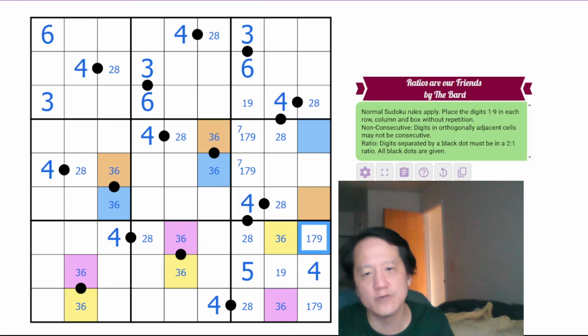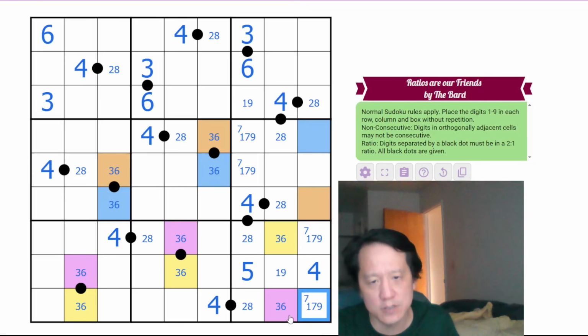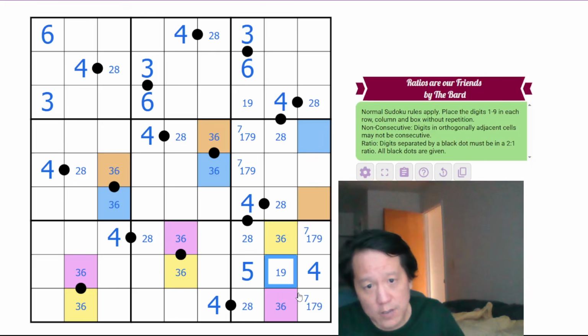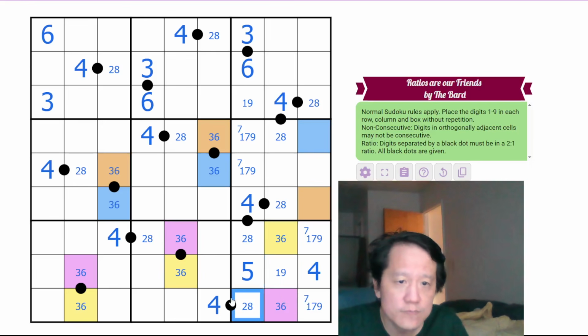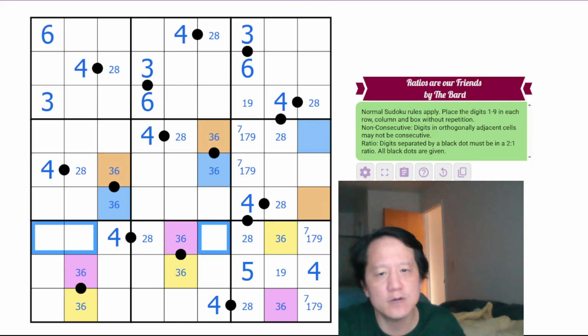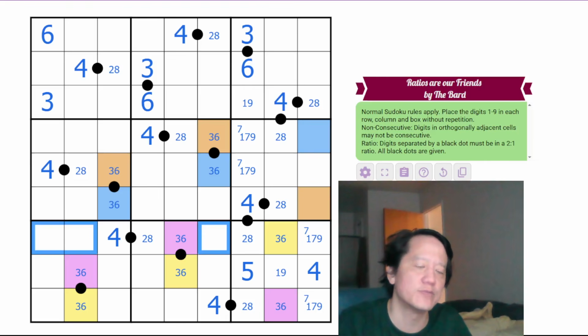So we know 7 is one of these two digits here. We have a 3, 6, 2, 8 pair here. Remaining digits in row 7 then cannot be 3, 6, 2, 8. It's 1, 5, 7, 9.